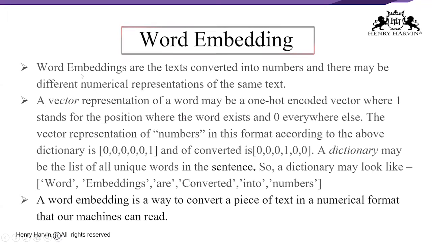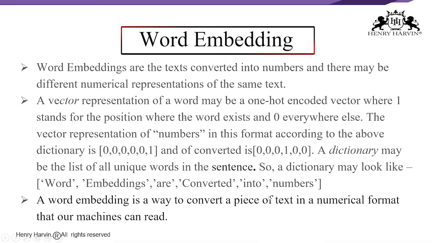Word embeddings are text converted into numbers, and there may be different numerical representations of the same text. A vector representation of a word may be a one-hot encoded vector, where 1 stands for the position where the word exists and 0 everywhere else. How can I understand this?